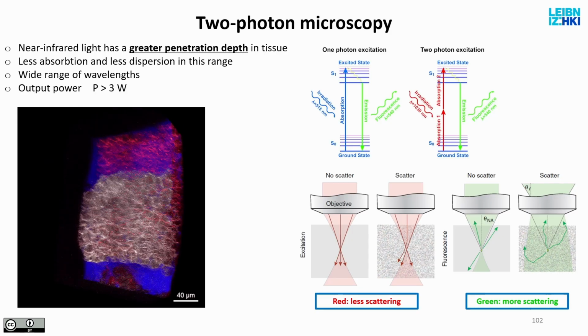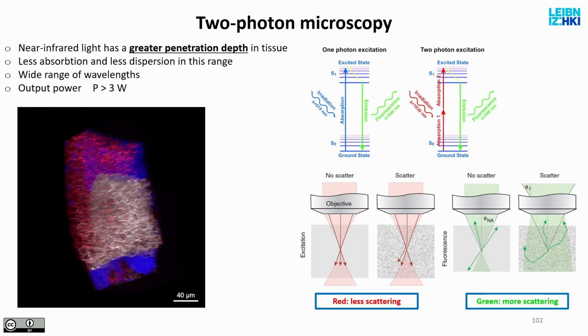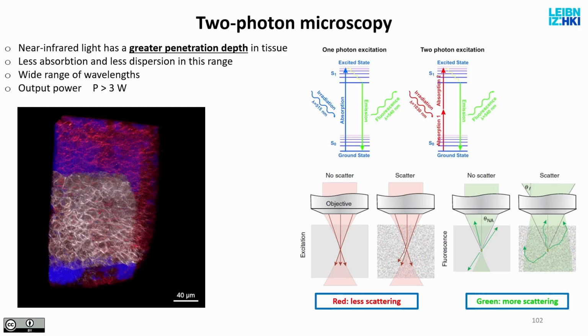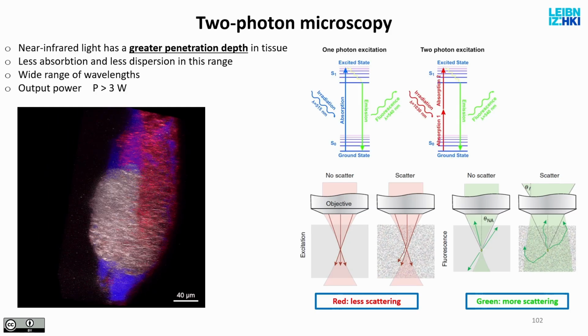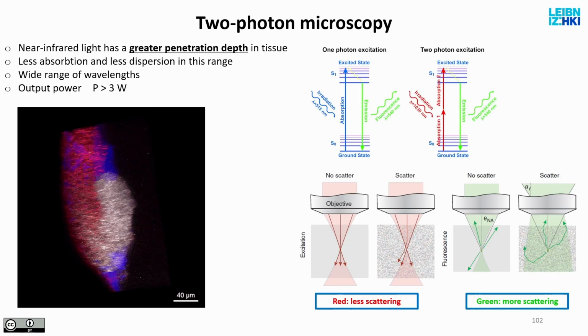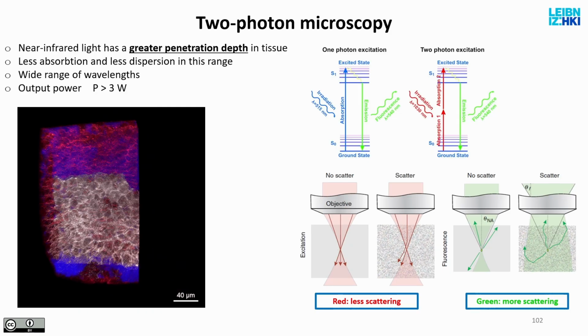The advantage is that longer wavelength photons scatter much less than shorter wavelengths. So if I have a green or blue illumination versus red, the red light will go much deeper into the tissue.